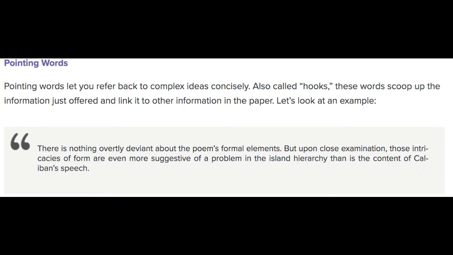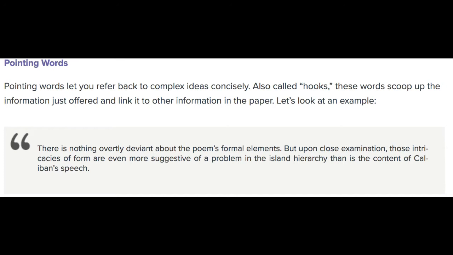Now, another way to transition information throughout your essay is to use pointing words. These act like, quote unquote, hooks, and they link information throughout the paper together. Here's an example: there is nothing overtly deviant about the poem's formal elements, but upon close examination, those intricacies of form are even more suggestive of a problem in the island hierarchy than is the content of Caliban's speech.